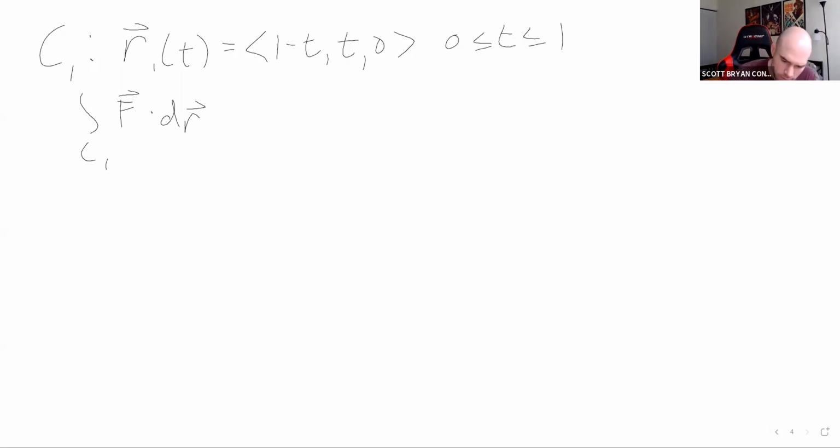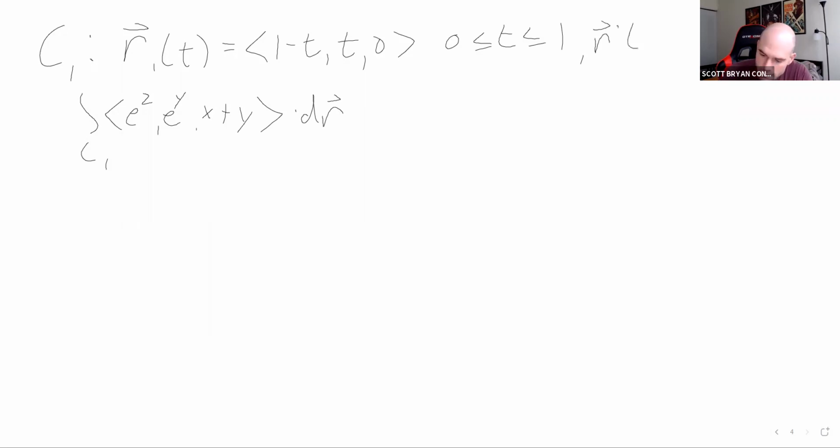Let me just write in that vector field so I don't have to go back. So that was e to the z, e to the y, sorry, x plus y. So we have our parameterization now. We need to go to the vector field, replace x, y, and z with the parameterizations. And then dr becomes r prime of t dt.